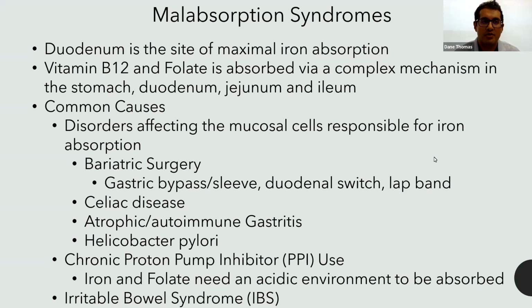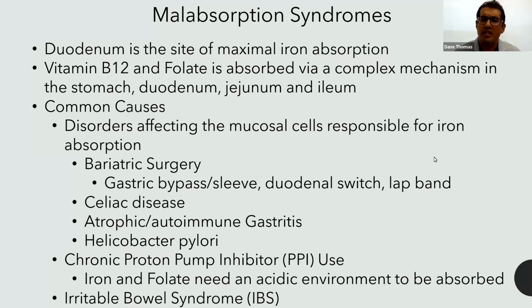Celiac disease can also cause malabsorption, as well as atrophic or autoimmune gastritis, H. pylori infections, as well as chronic use of proton pump inhibitors. Now, why does chronic use of proton pump inhibitors like Prilosec and Nexium cause iron deficiency?